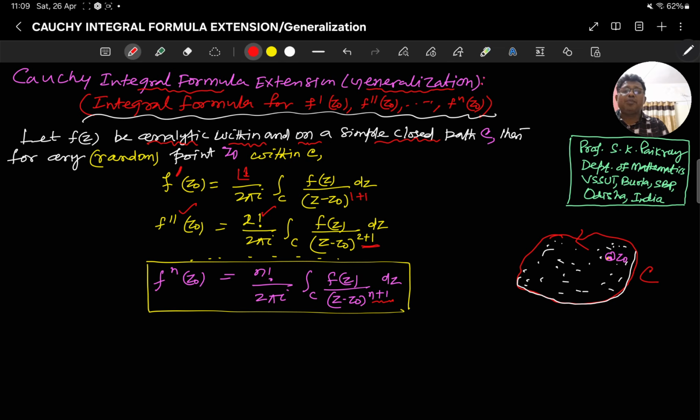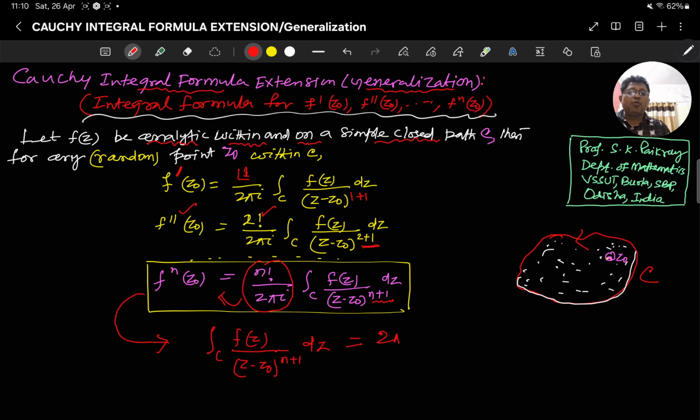So our intention is to evaluate the integral over C of f(z) by (z minus z0) to the power n plus 1. Bringing 2 pi i to the left-hand side, this equals 2 pi i by factorial n times the nth derivative of f at z0.